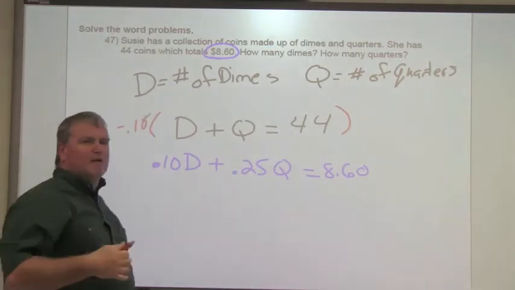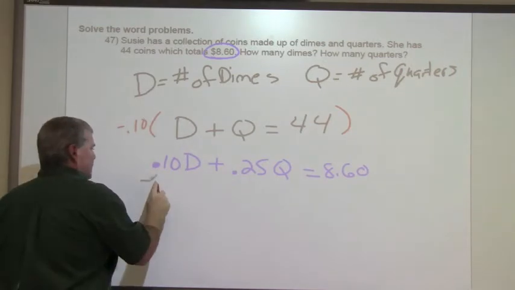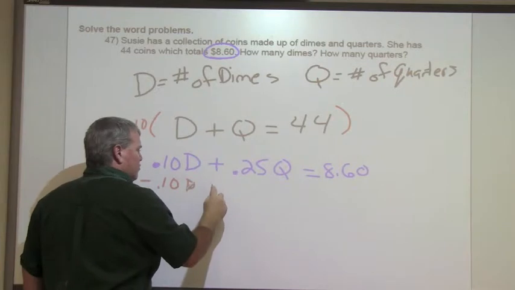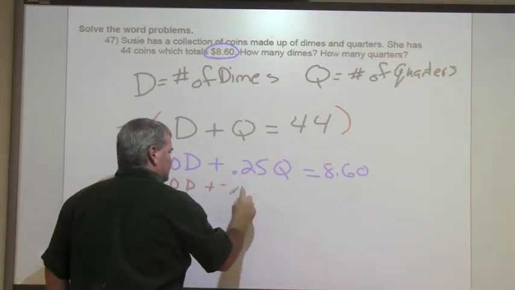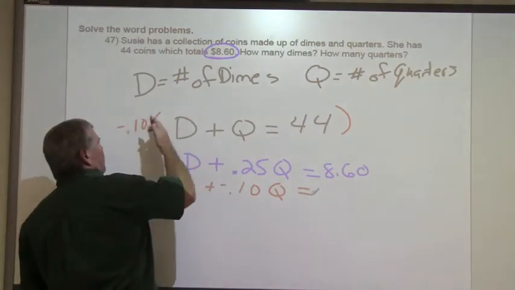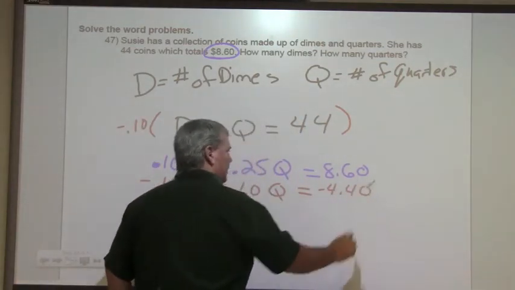If you want to just put negative 0.1, that's fine. The 0 doesn't have an effect here. So you've got negative 0.10D. Remember you have to multiply times all of it, so it's negative 0.10Q. And when I multiply negative 0.10 times that, we get negative 4.40.